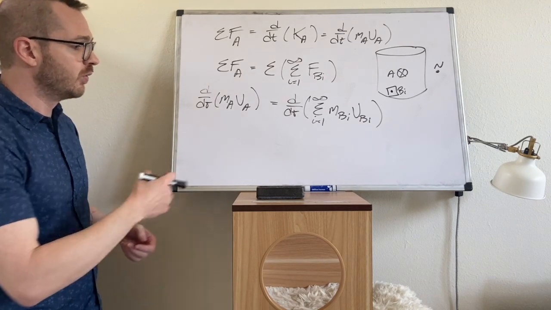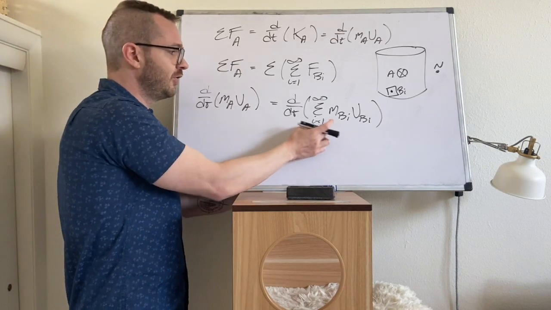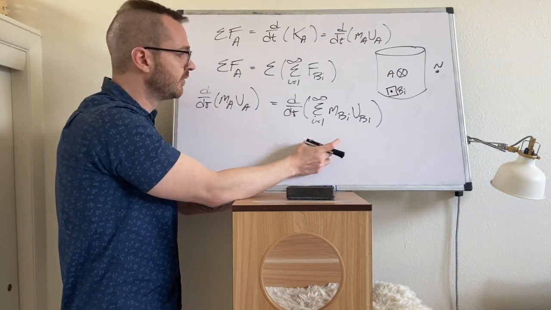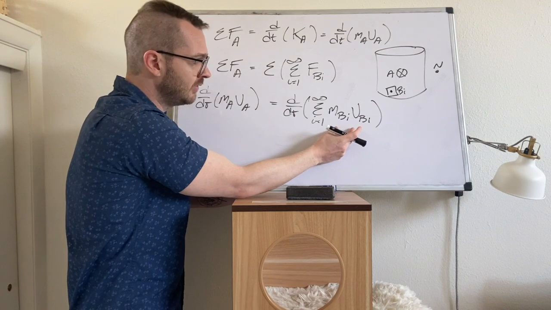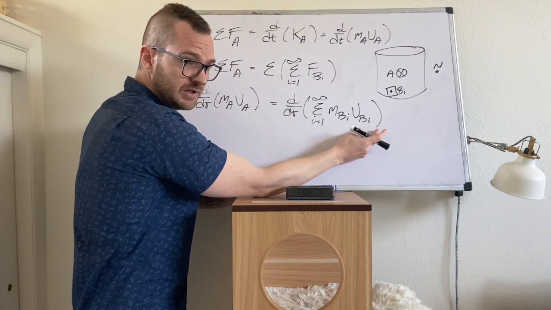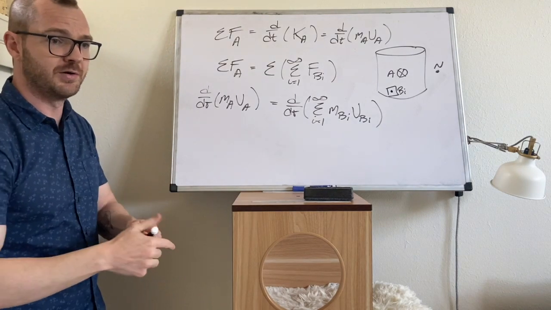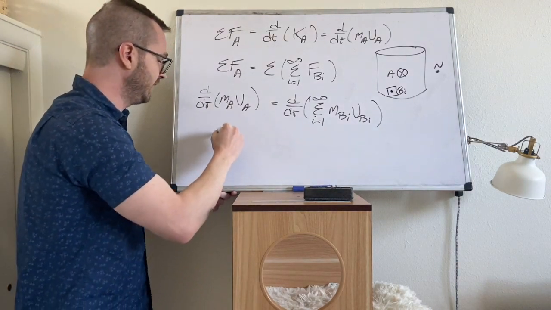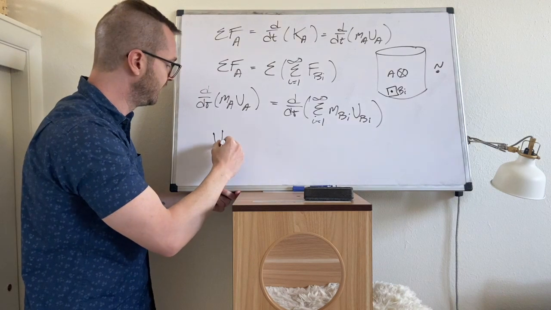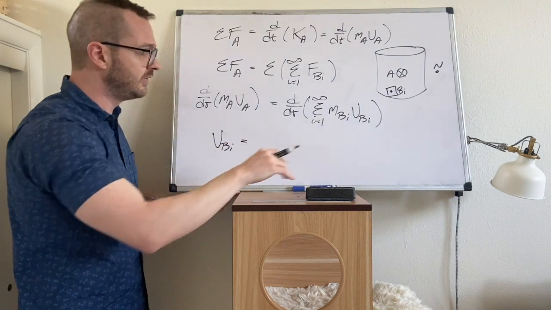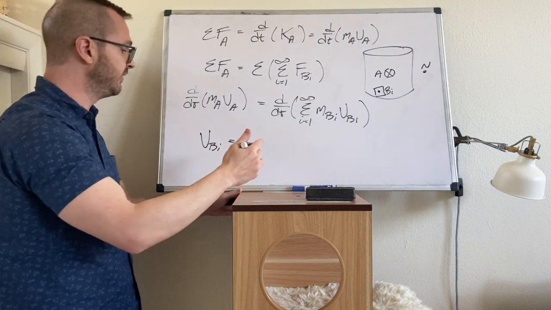Well, what we would like to do is work with this infinite summation a little bit. There's not a whole lot we can do about M_BI, but we could actually redefine V_BI using transport theorem. This is why in the order of this class, we teach you transport theorem before we dive into these topics.